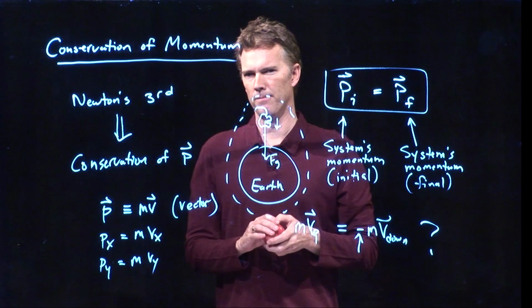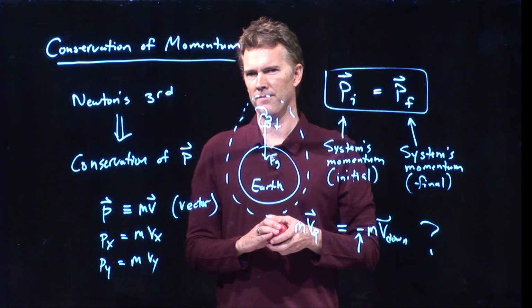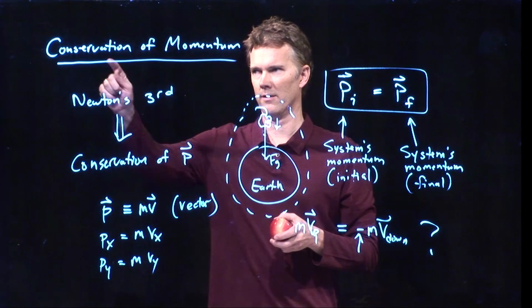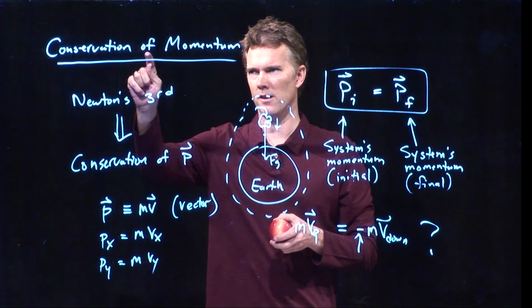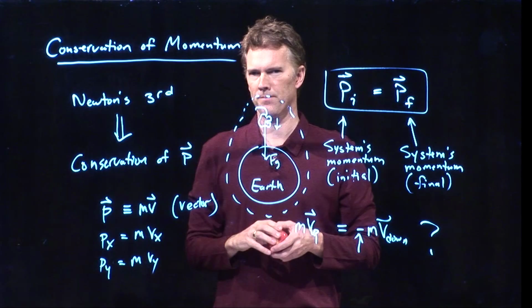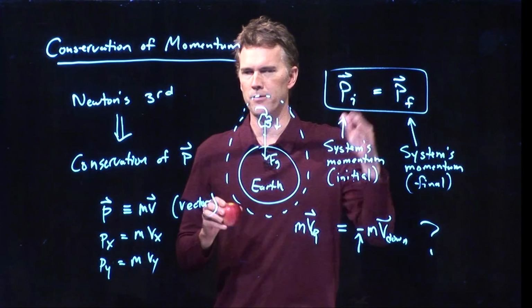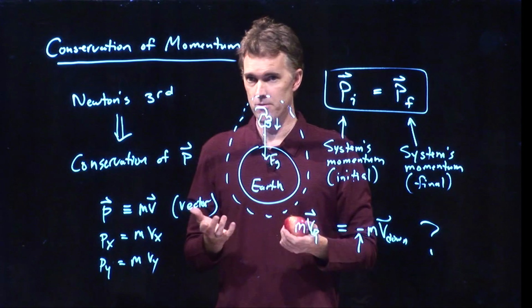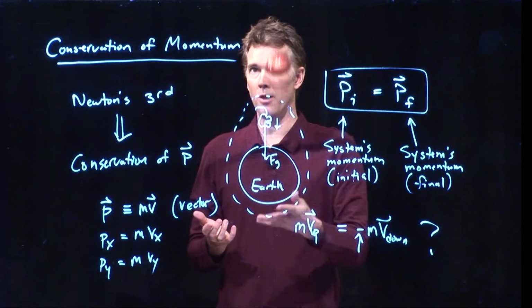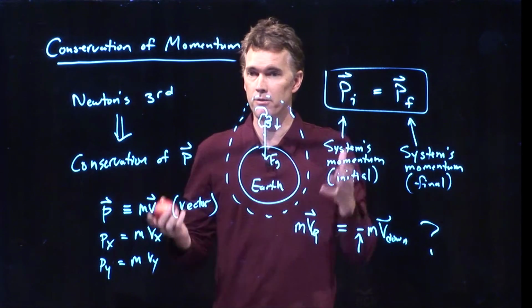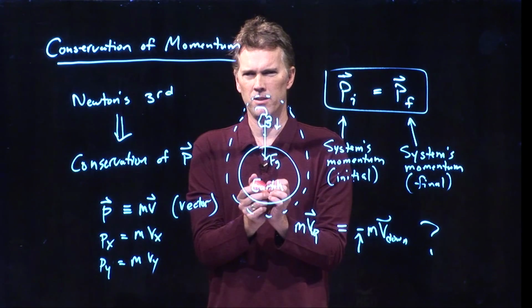What do you think, Emilio? I'll give you a hint. Conservation of momentum. If you started with 0, what does it have to be from there on out? 0. So with the apple on the way up, the momentum of the system is still 0.